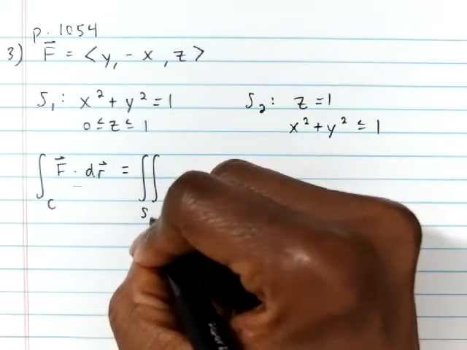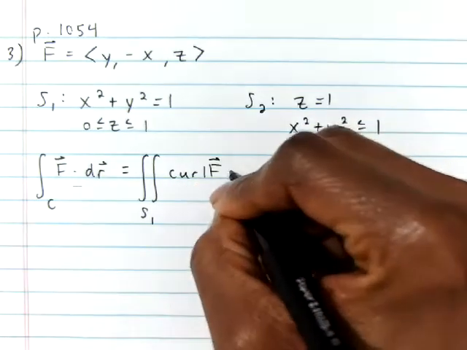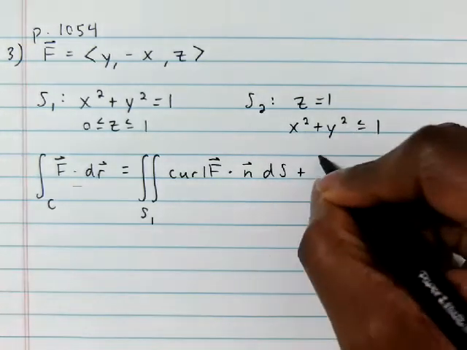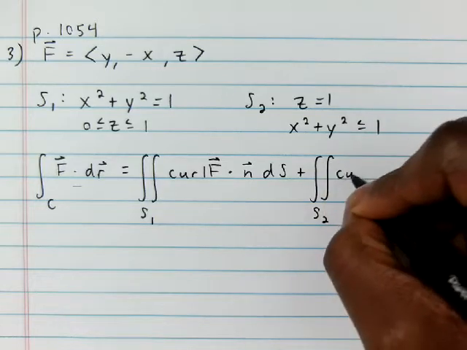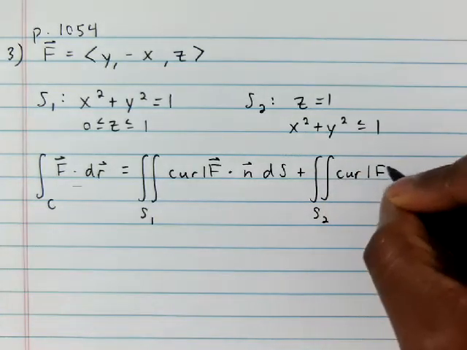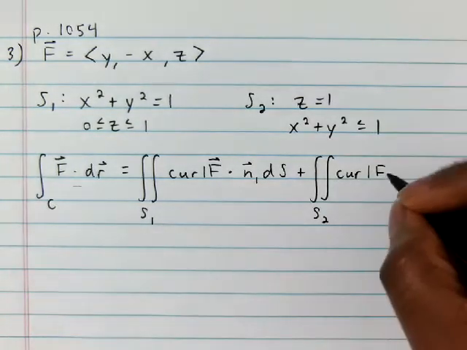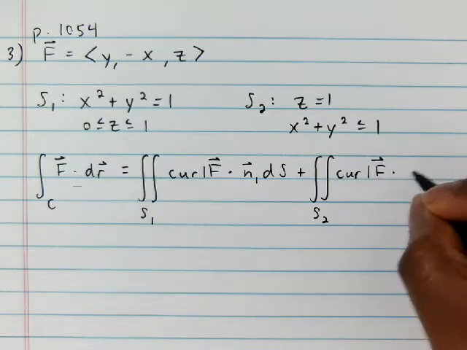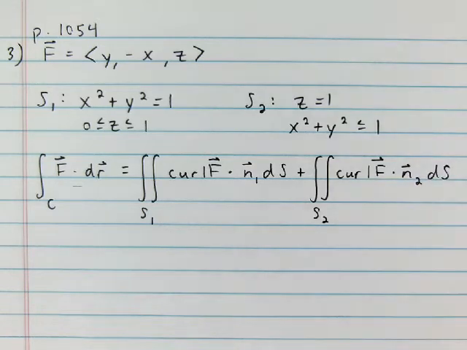So the surface integral over S1 of curl of f dot n1 dS, plus the surface integral over S2 of curl of f dot n2 dS. All right, so that's what they want us to do.